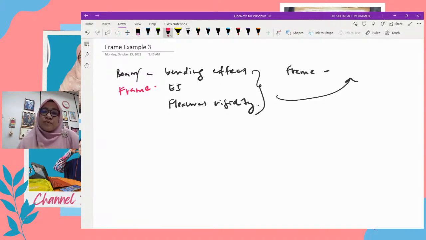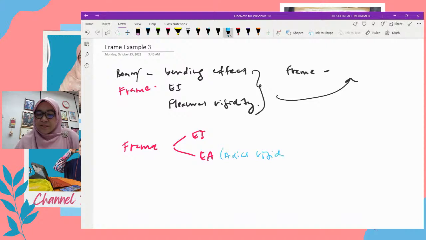Even though a frame has EI as well as EA. What is EA? EA is axial rigidity. EI is flexural rigidity.